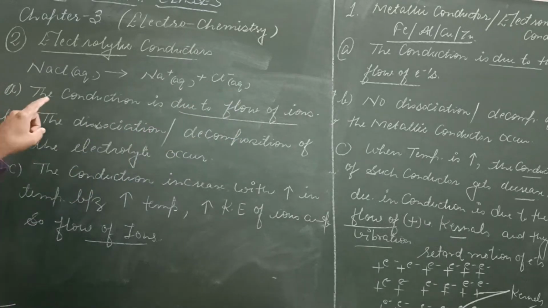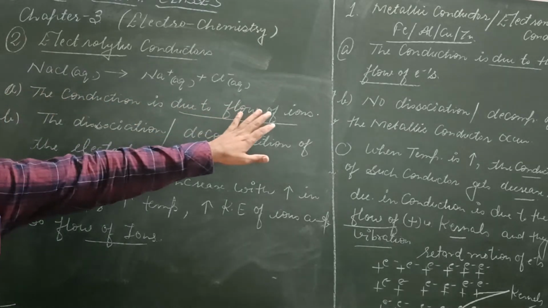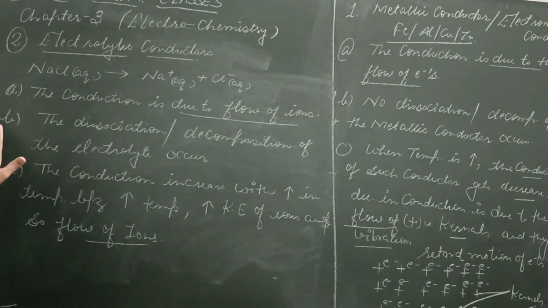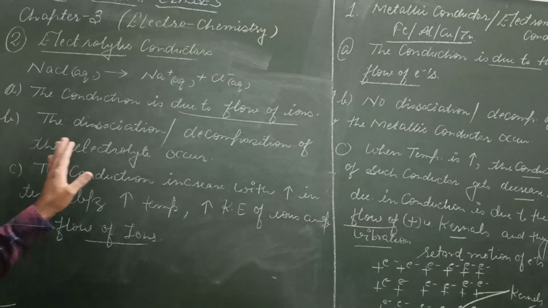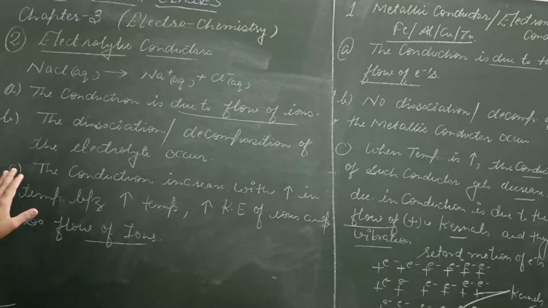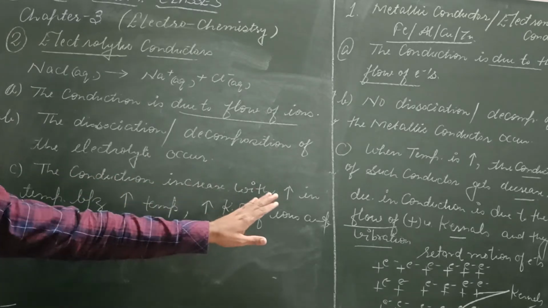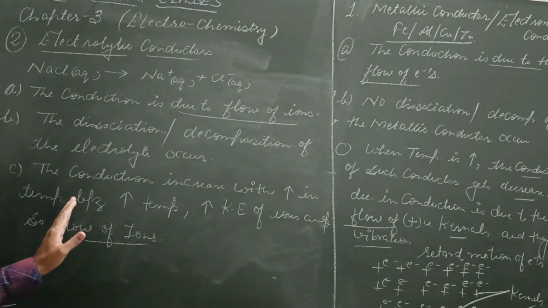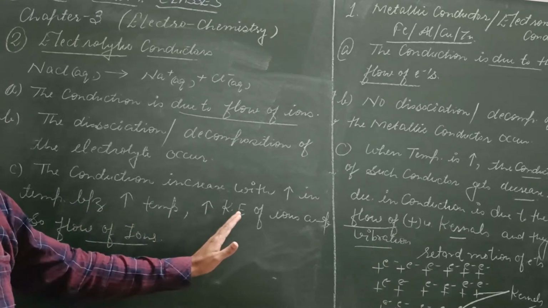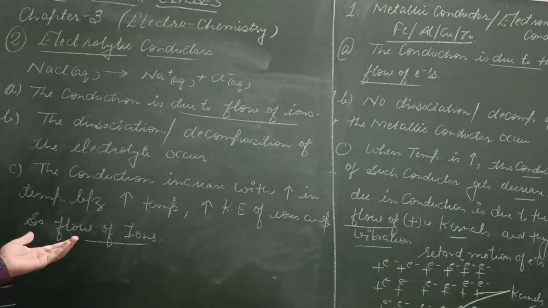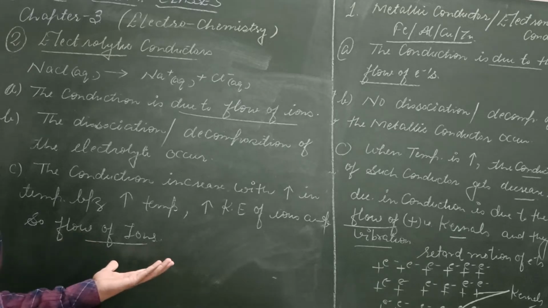The conduction is due to the flow of ions. The dissociation or decomposition of the electrolyte occurs, and the conduction increases with increase in temperature, because increase in temperature increases the kinetic energy of the ions and the flow of ions.